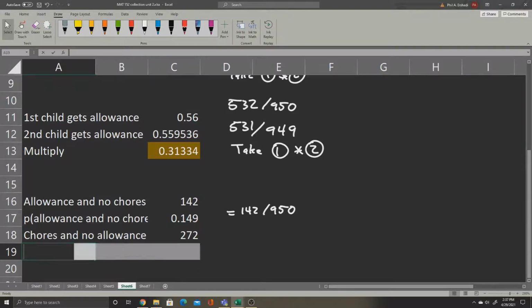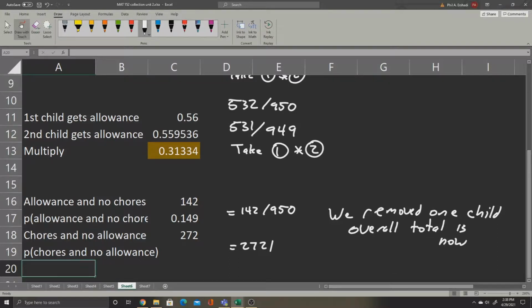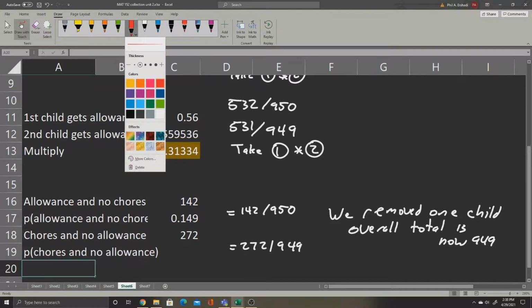Now let's calculate the probability. So to calculate this probability, we'll take the 272, but this time, remember, we've already removed one child from the rotation. So our overall total is now no longer 950, it is now 949. Notice we did not subtract 1 from the 272.